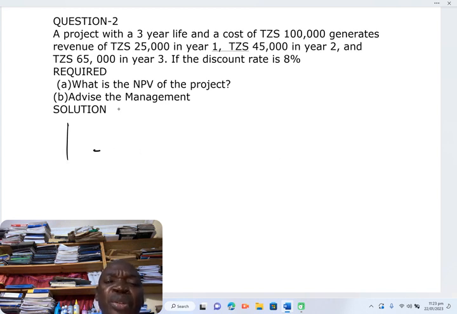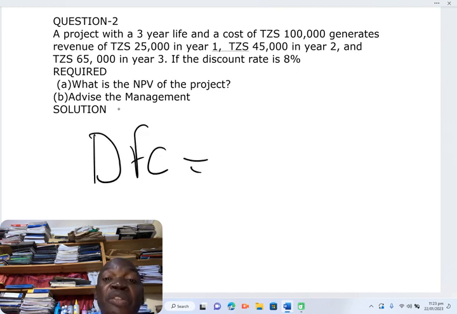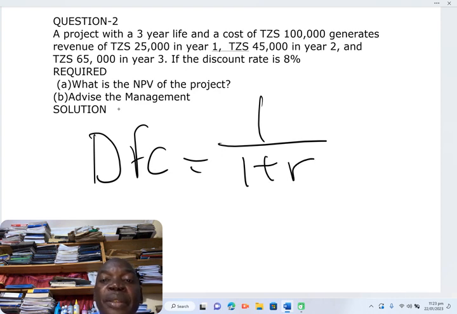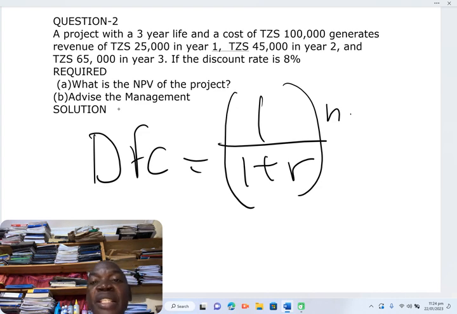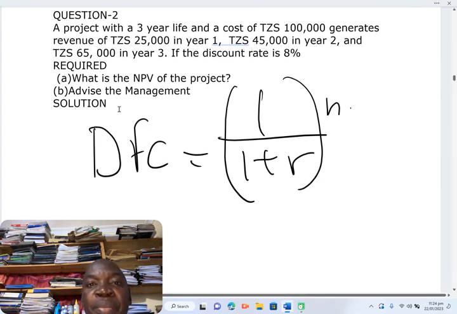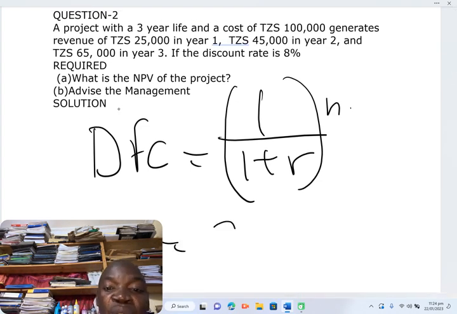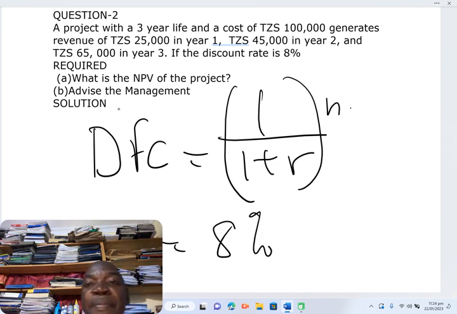I beg your pardon, you should not memorize this formula because it won't add value to you. So R is equal to 8%.